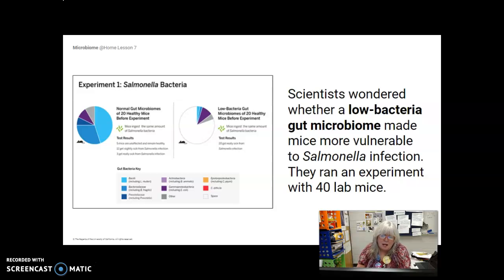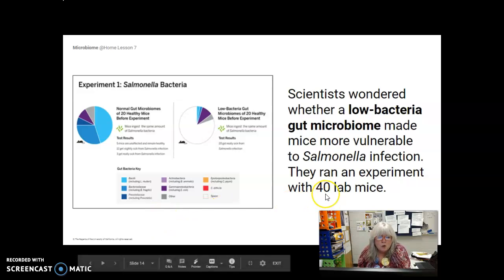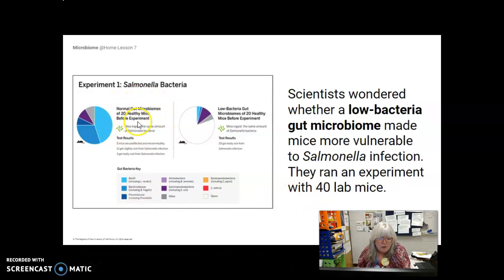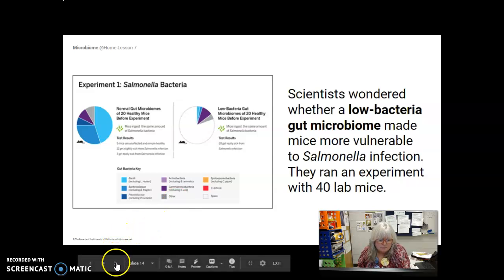Salmonella is a type of bacteria, and they did an investigation with 40 lab mice. So we have 20 healthy mice and 20 that have low bacteria in their gut.